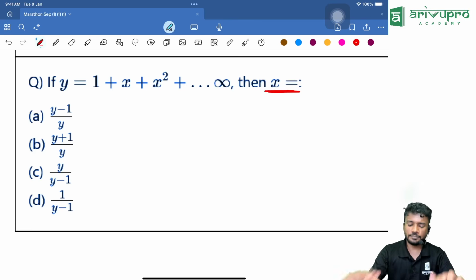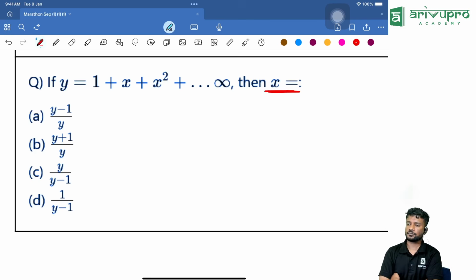Tell me how to find the value of X from this. Any idea? We are almost near the end.